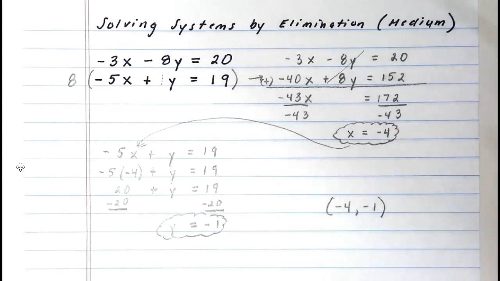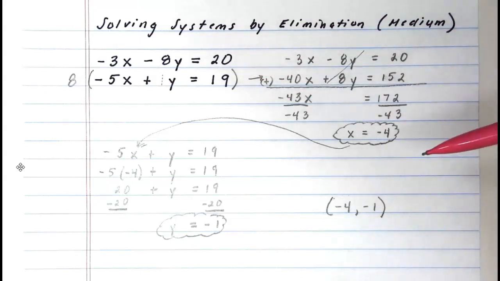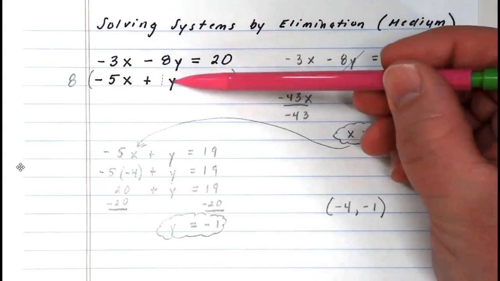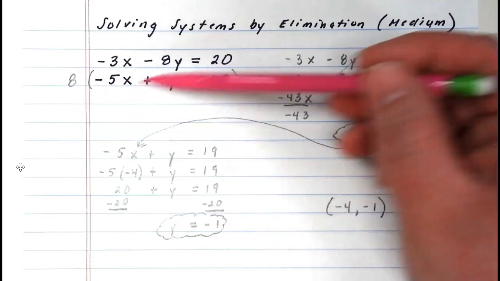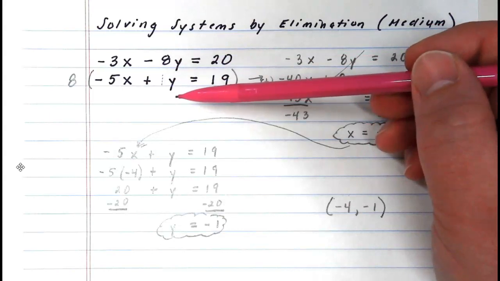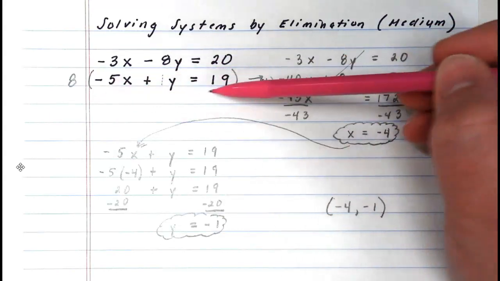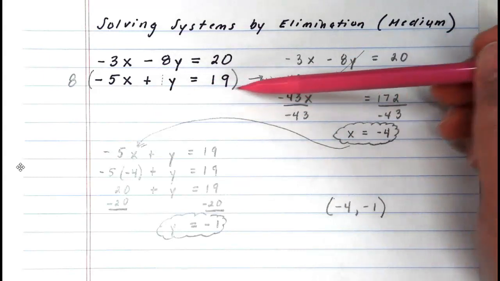So just a quick recap. We looked at our original two equations. Nothing immediately canceled out or was eliminated when we added them. So what we did was I looked at the y here that had a coefficient of 1, and I thought if we can get that to be positive 8, negative 8y plus 8y, it cancels. So we're going to multiply the whole entire bottom equation by 8, which is called a linear combination.